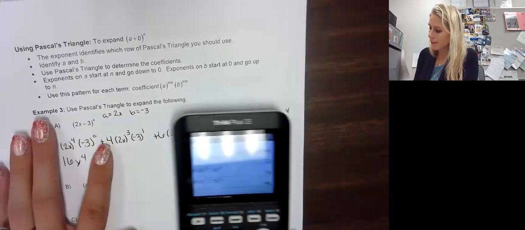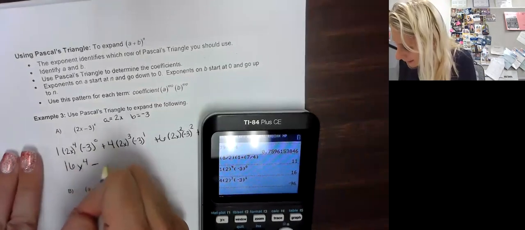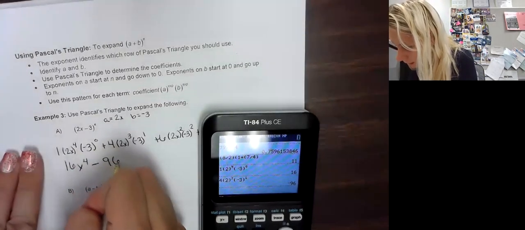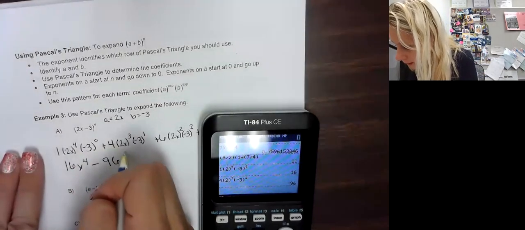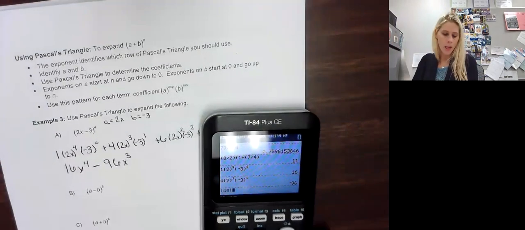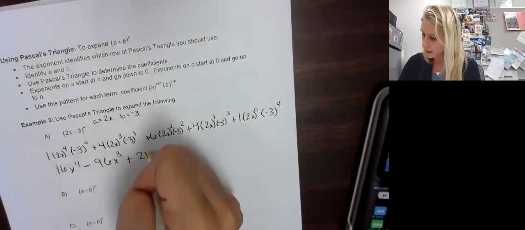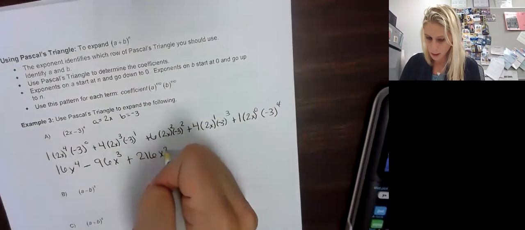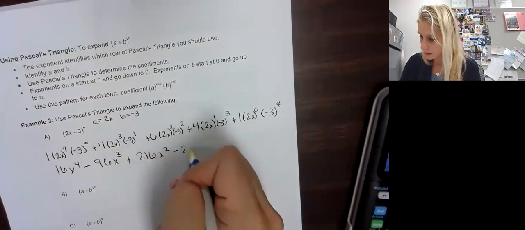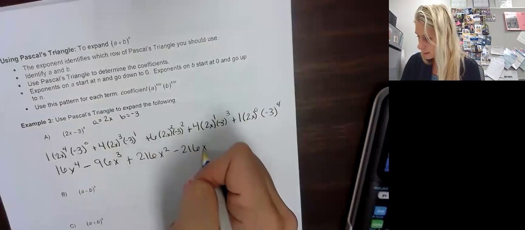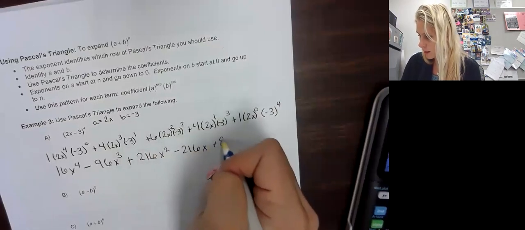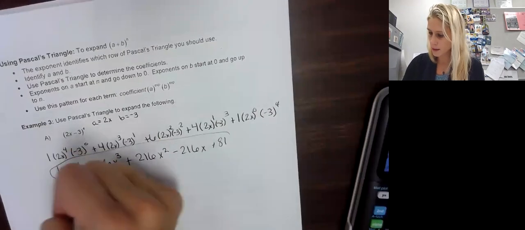There is our negative. So it's -96. I look at my variables. I have x cubed. Now, when you keep doing that, you'll end up with 216 x squared minus 216 x plus 81, and that is our answer.